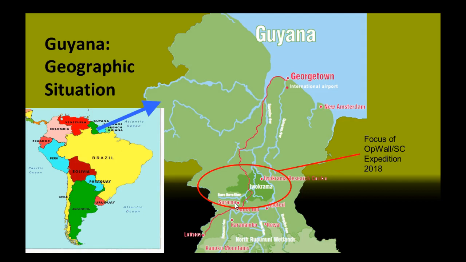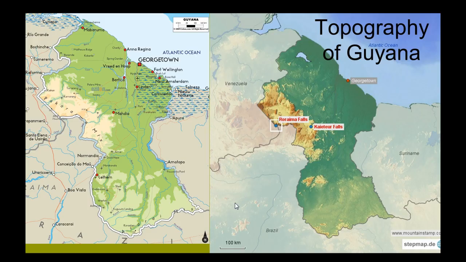And so with that context, let's talk a little bit more about the topography of Guyana. The topography is the general lay of the land, and it is usually described in terms of mountains and valleys, of areas of relief. The term relief actually means differences in elevation, and so obviously mountain areas are going to be areas that produce relief generally.